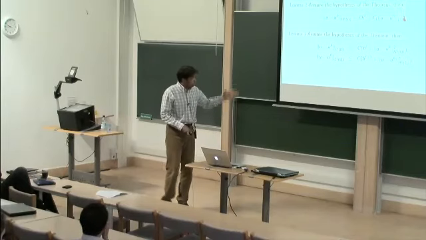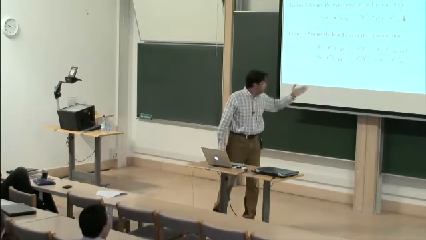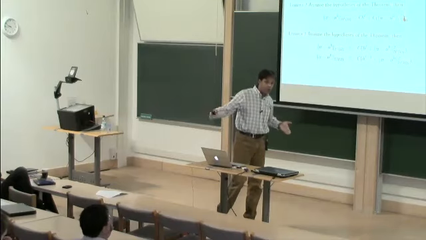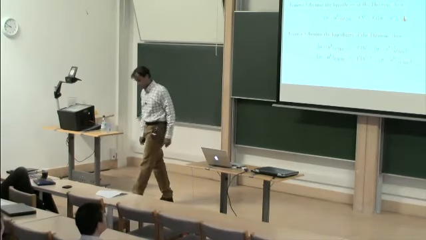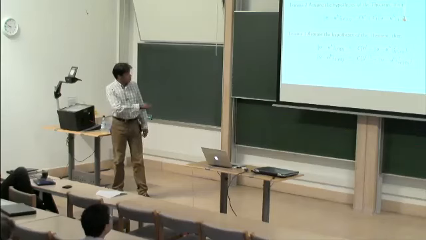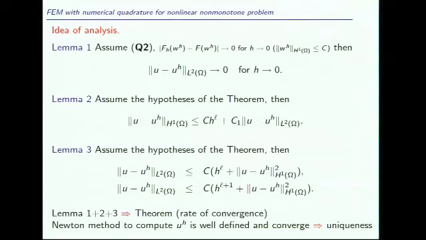But here again, that was a result which was obtained by Nitsche for indefinite problem, but we need indefinite problem with numerical quadrature, okay? So these results also of Nitsche have to be generalized to obtain lemma 3. Okay, so lemma 1, 2, 3 gave the theorem rate of convergence, and then we can show that the Newton method to compute UH is well defined and converges, and this gives uniqueness. Okay.